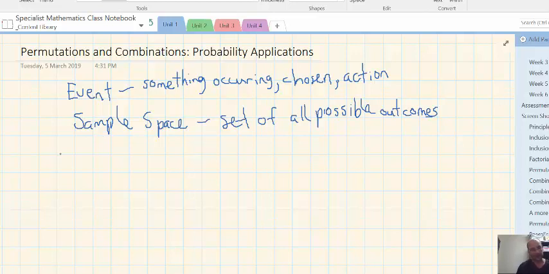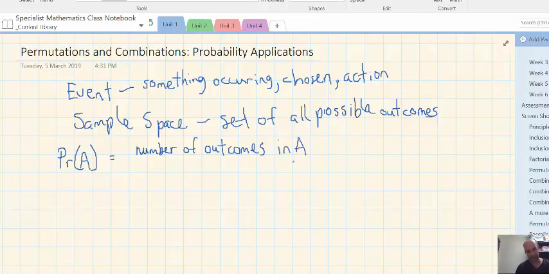In the basic formula for probability, PR, or sometimes just capital P, of an event A, one way of defining that is the number of outcomes in set A, or the number of ways that A can occur.